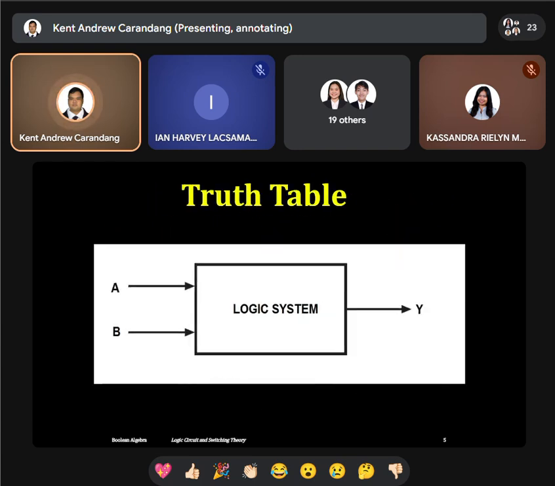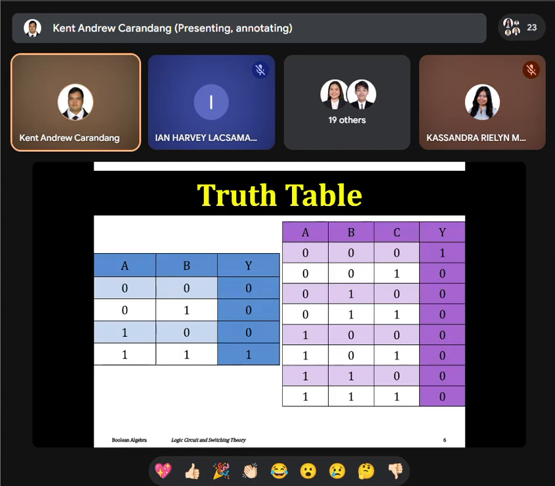So this is the truth table wherein A and B are our inputs. And for the gates that we're talking about, there is only one output, Y. This is an example of a truth table.